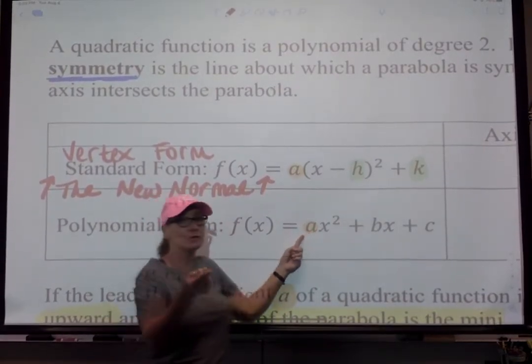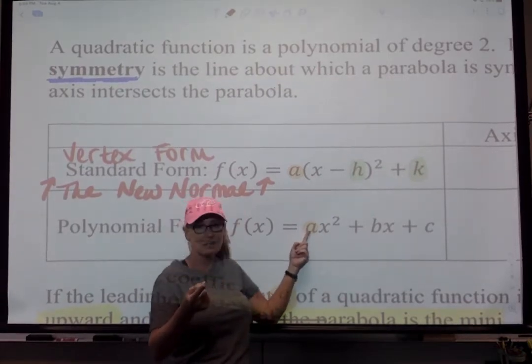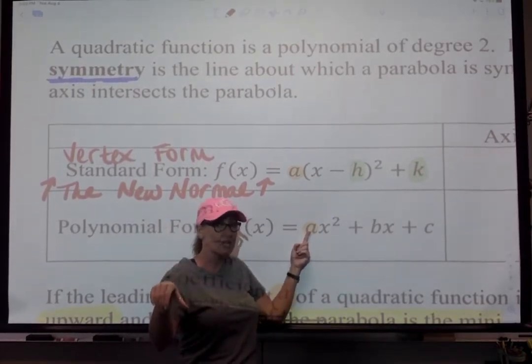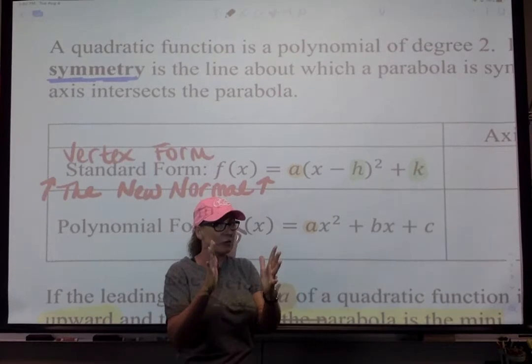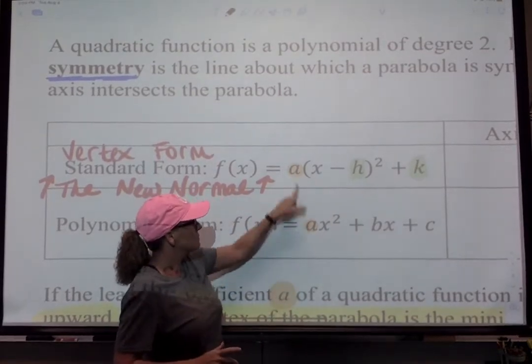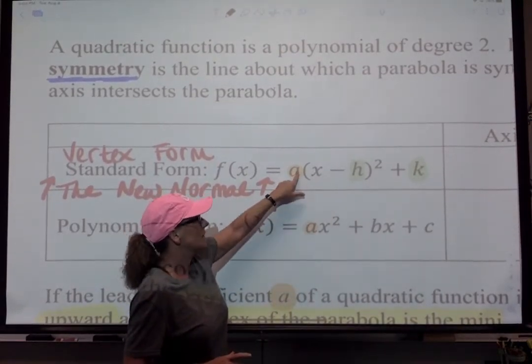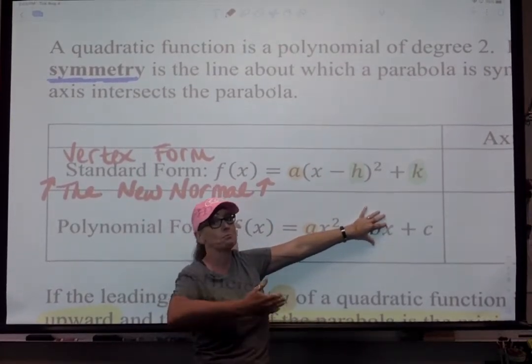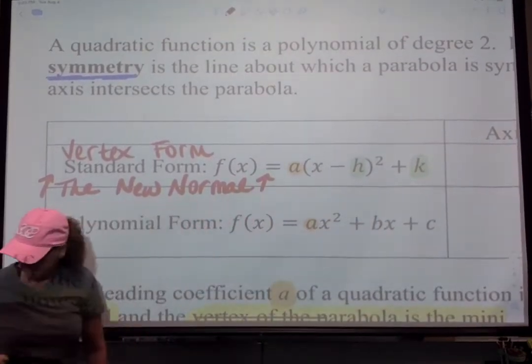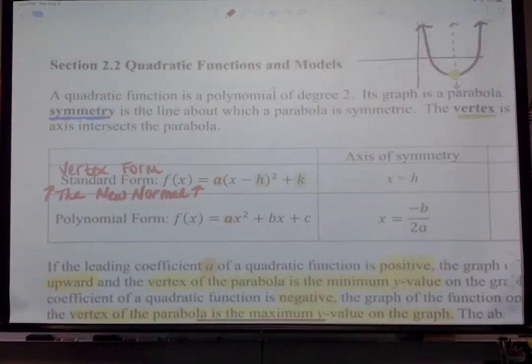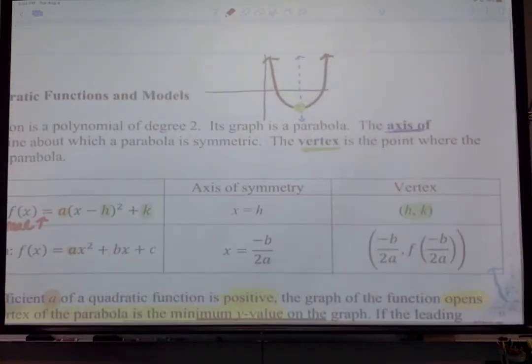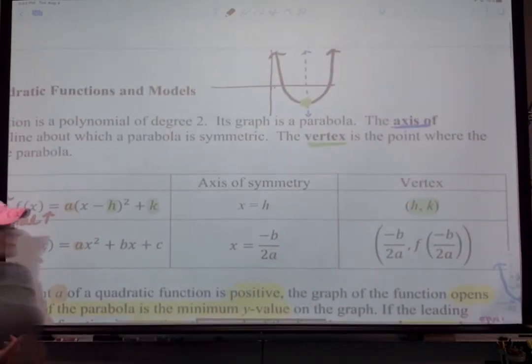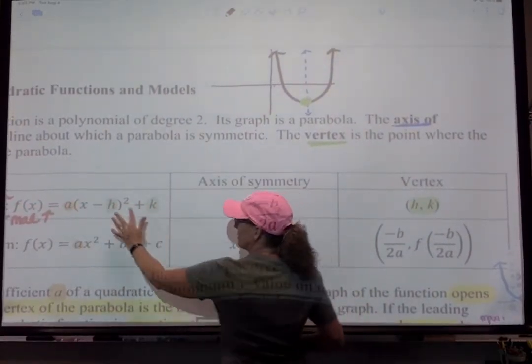And I know that you've looked at leading coefficients before to see if your parabola opens up or down, to see how wide or skinny your parabola is. And that's one thing that these two equations have in common, is the A is visible in both equations. For both equations, you can find the vertex quickly.